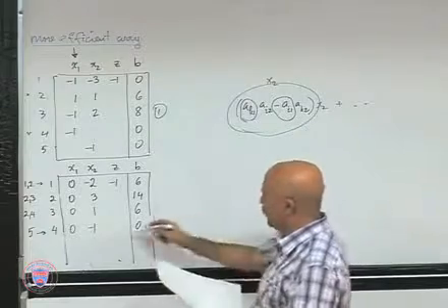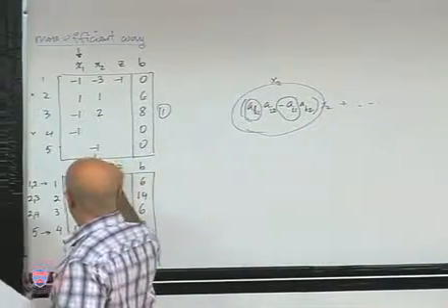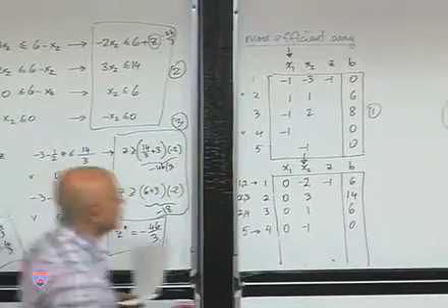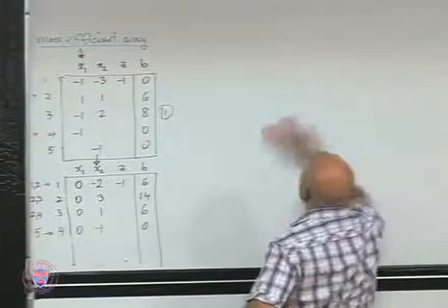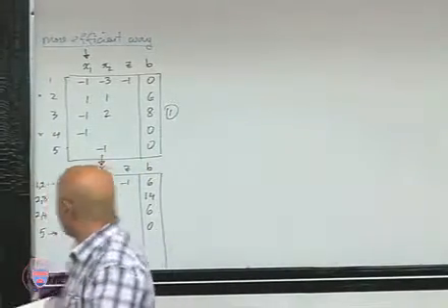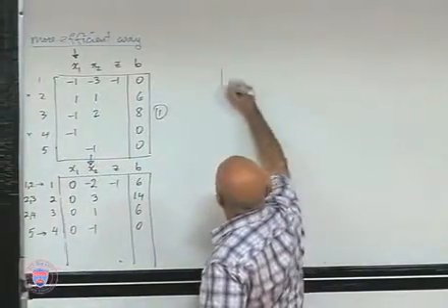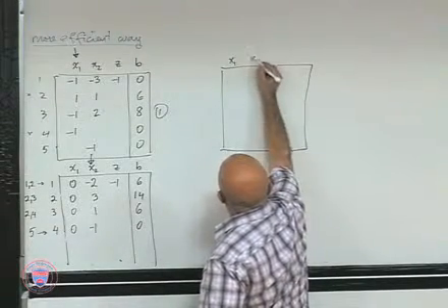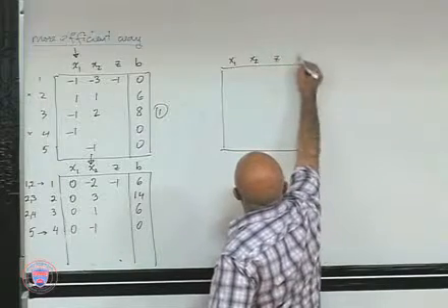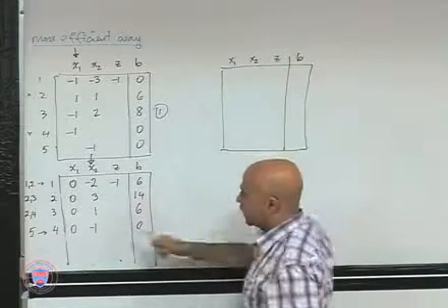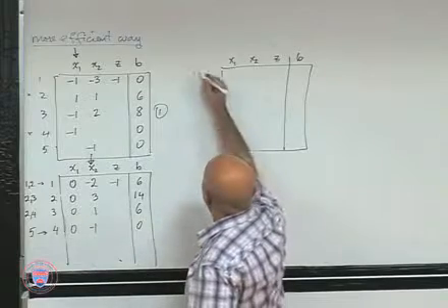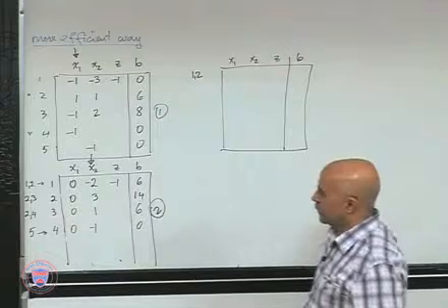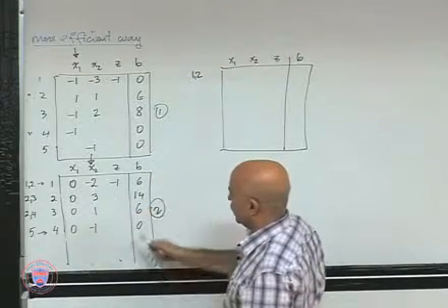And then when you eliminate the x2 variable in this system, the pairing of 1 and 2 from system number 2 gives you what?